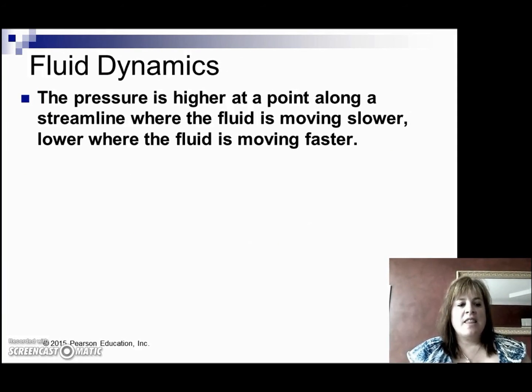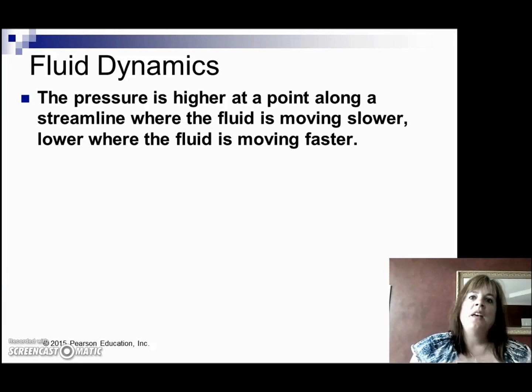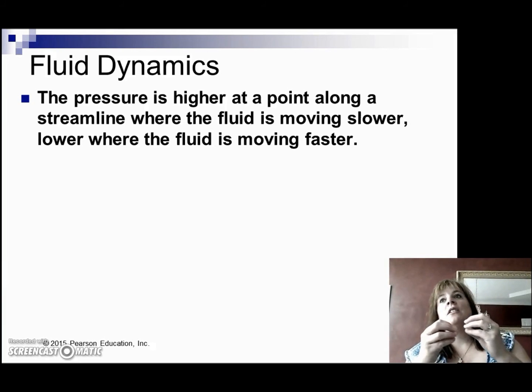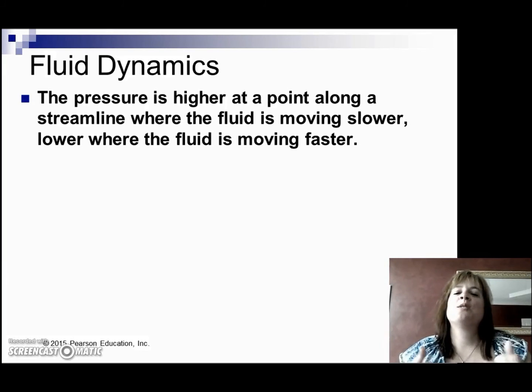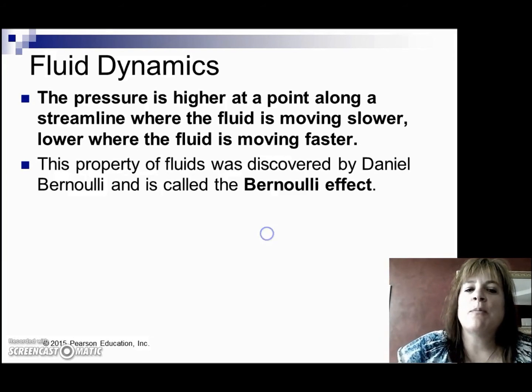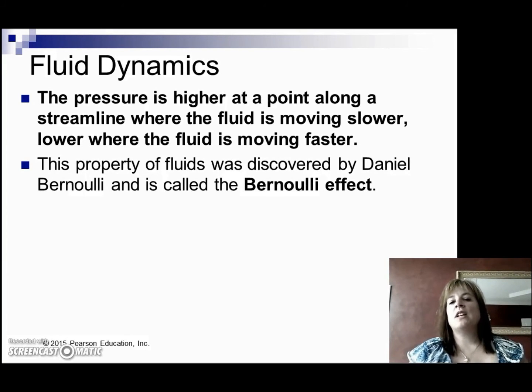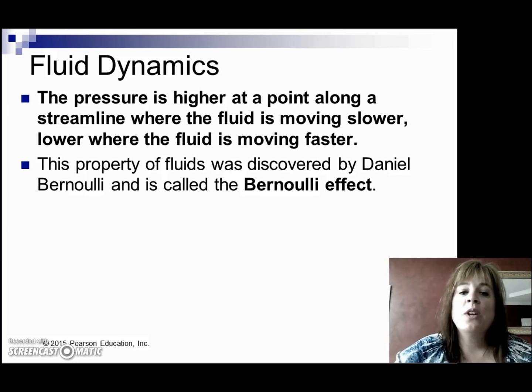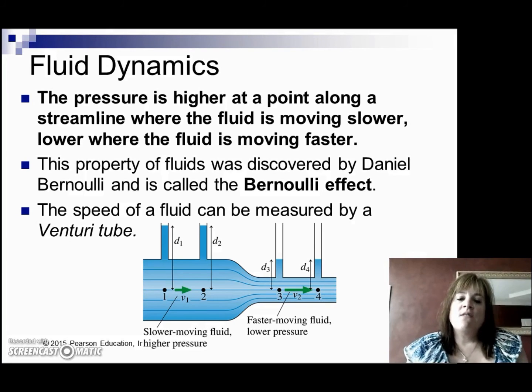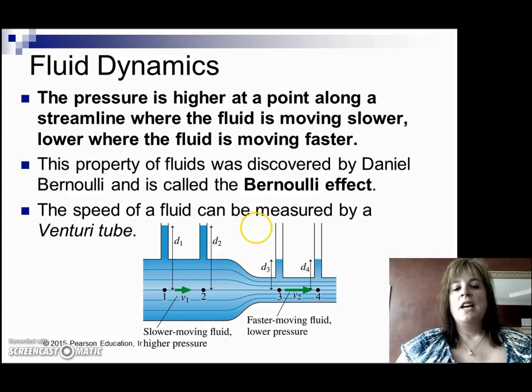Now, the fact that the pressure is higher when the fluid is moving slower and lower when the fluid is moving faster was actually something that was discovered by Daniel Bernoulli and is called the Bernoulli effect. The Bernoulli effect is awesome. It's got some really great applications, and you can verify it by using this thing called a Venturi tube. A Venturi tube is a pipe that has 2 different diameters to it and these vertical open pipes in each section.